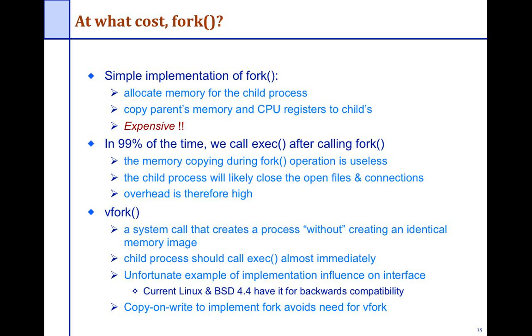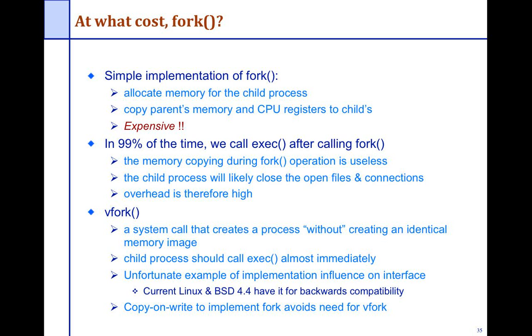All the stack, heap, code, everything was clobbered, and this whole new clean slate appeared. And the child process is also likely to close all the open files. So most of the time, if all we're doing is forking off children whose sole purpose is to run a new program, then the memory that was copied during the fork itself is useless, right? So we don't need it.